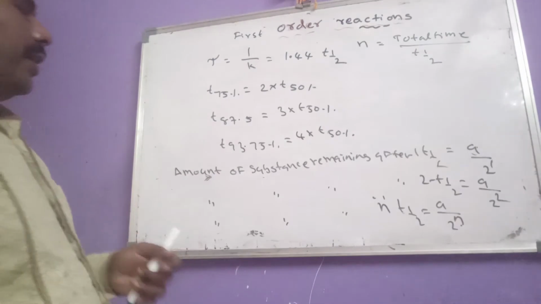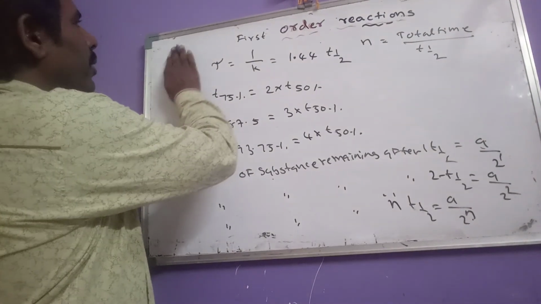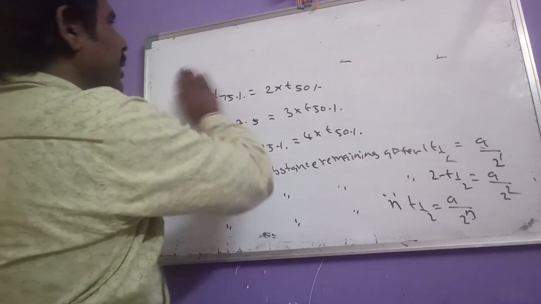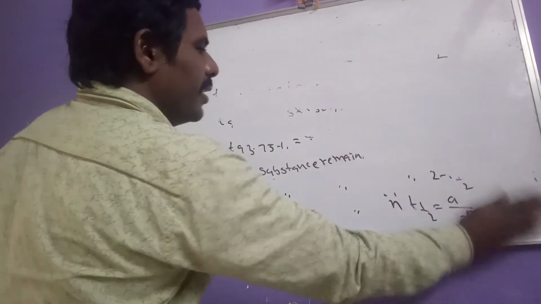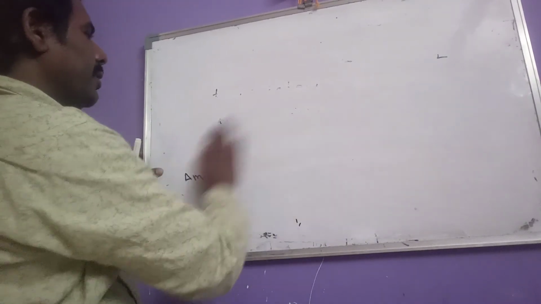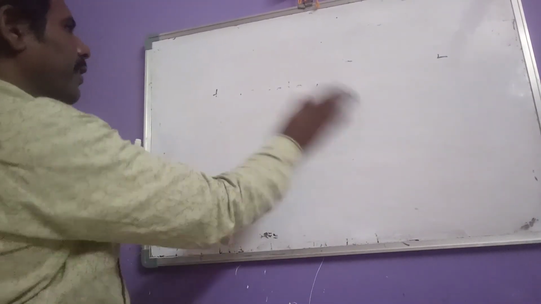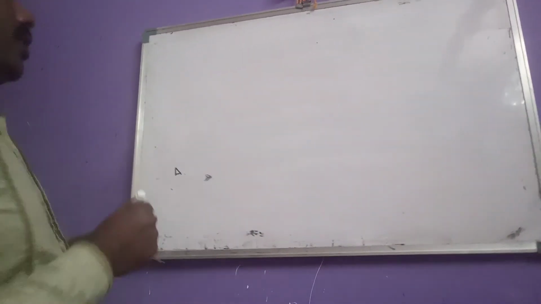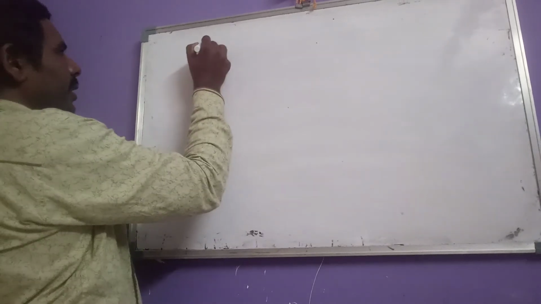Okay, and there are some other relations we can write: the relations between T 99.9% and T 50%, and T 50% with T 90%, etc. Let us see what the relations are.